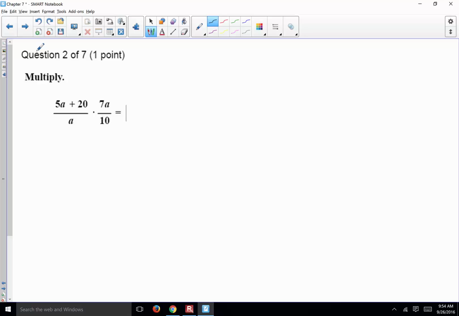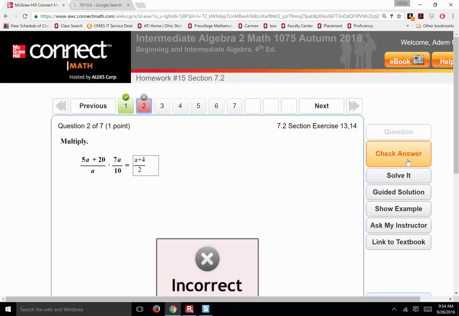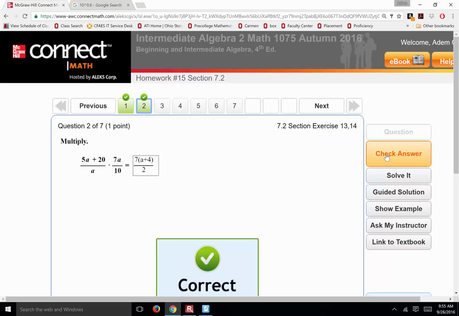You're okay. I got it. 4/2. A plus 4. No, we need to start with fraction first. Okay, let's see if he's right. Nope. Second one. I got 7, then in parentheses, A plus 4/2. Alright, looks like he's missing a 7 then. Yeah. Yep, you got it. Alright, let's see the details.